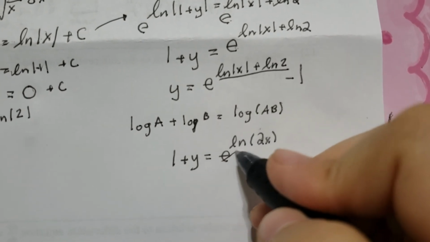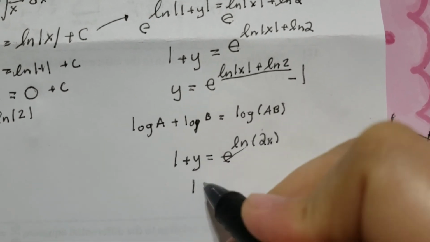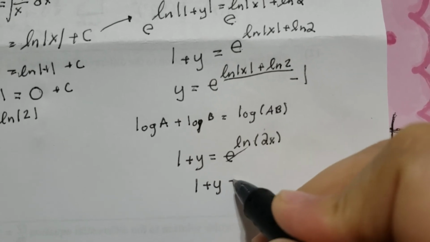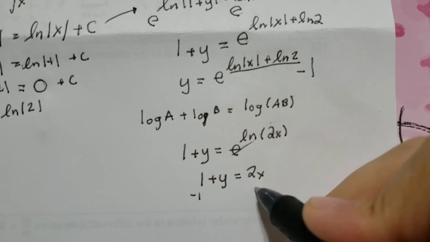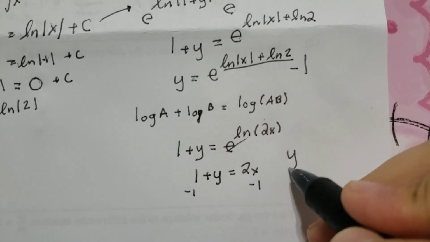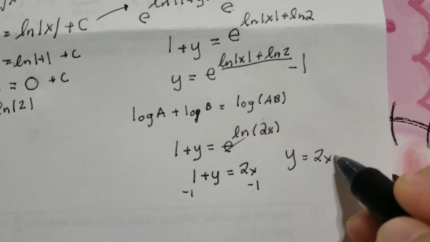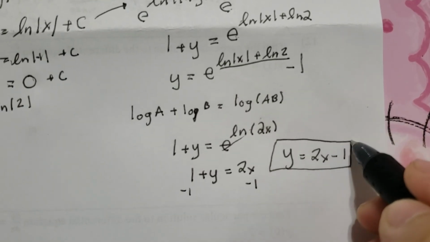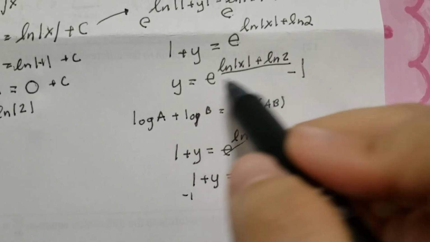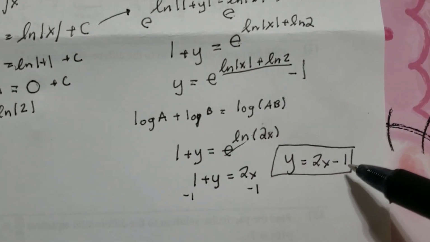And we can get rid of this part, and we get 1 plus y equals 2x. Subtract that 1 now, and we actually get a pretty nice function, y equals 2x minus 1. You probably didn't guess that this monstrosity up here was actually something simple like this.